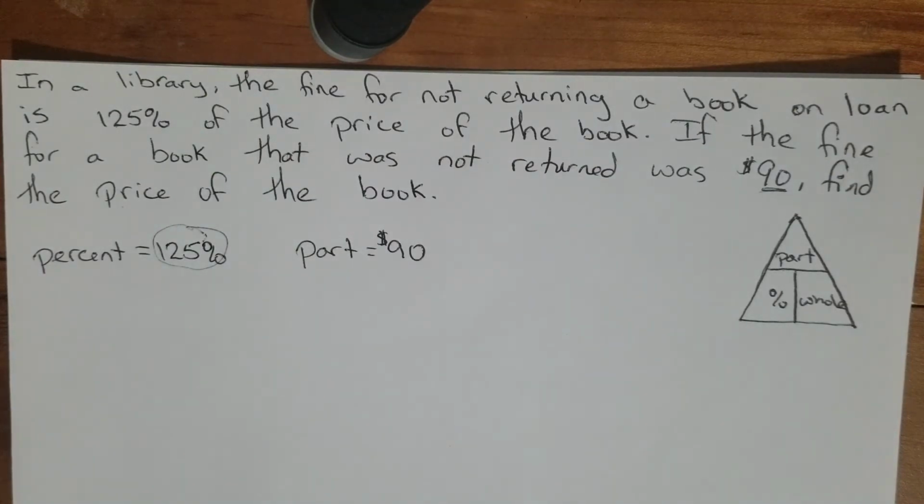100% of something means that we're paying just the regular price. If something was $20 and we had to pay 100% of that, we have to pay $20. If it was $47.50 and we had to pay 100% of it, we're paying $47.50. If something is more than 100%, then that means we're paying more than the original or the regular price. So if something was $50 and we had a percentage that was higher than 100, we might have to end up paying $60.